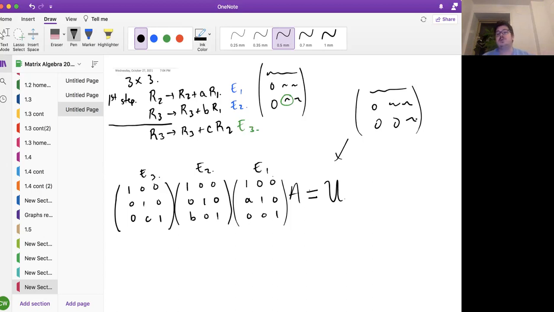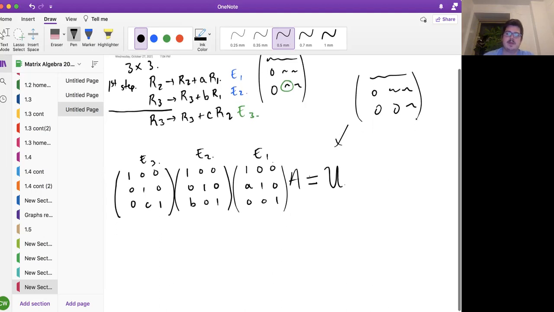Of course, this is all supposing that you don't need to do any row swaps. Does everyone see that, at the very least, you have to do this? I'm going to take that as a yes.